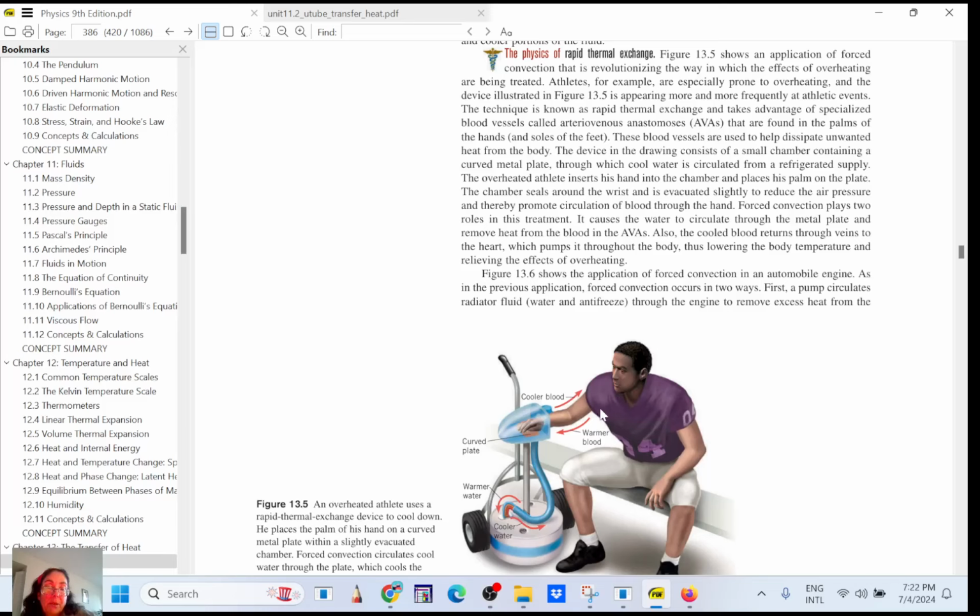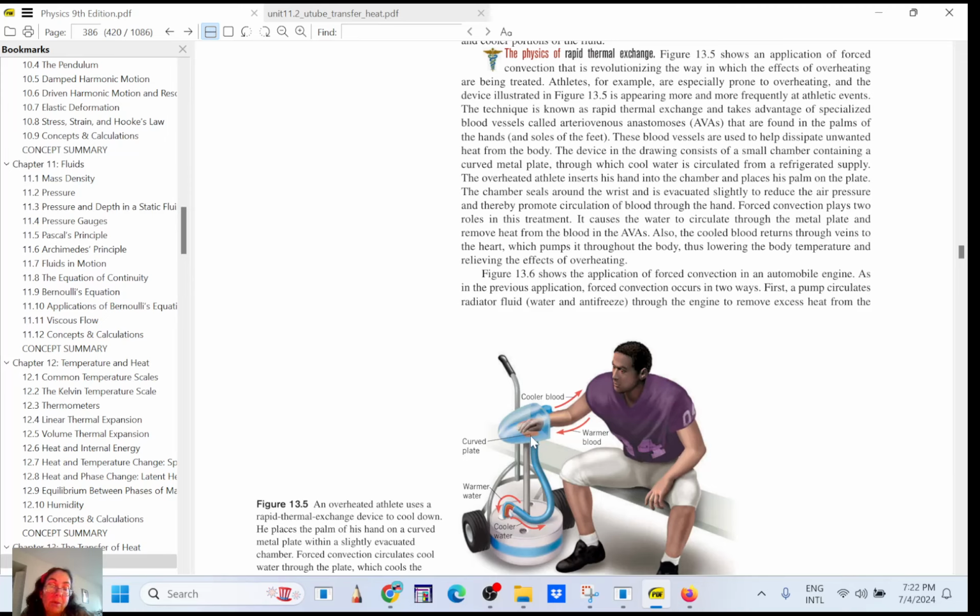Especially because they have a small surface area relative to their weight, so heat tends to build up inside. So here they have this interesting device. Here you have a metallic plate, which is very cool because they have this cool water. It's like a mini fridge to make sure this is very cool.